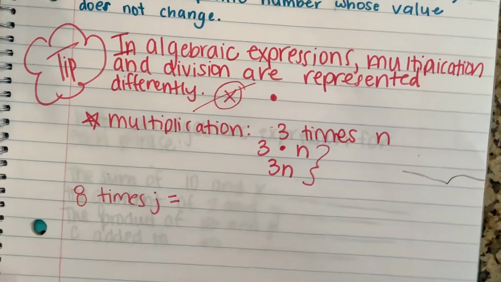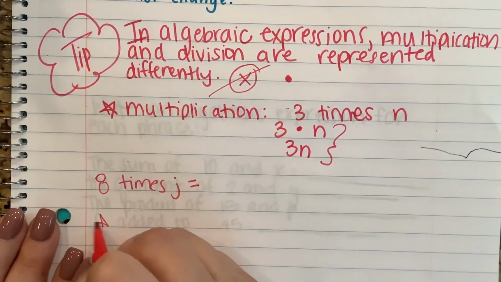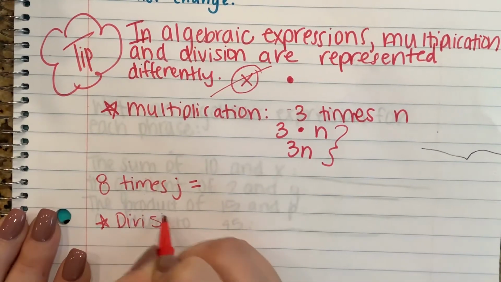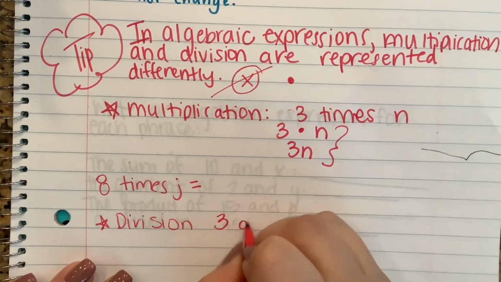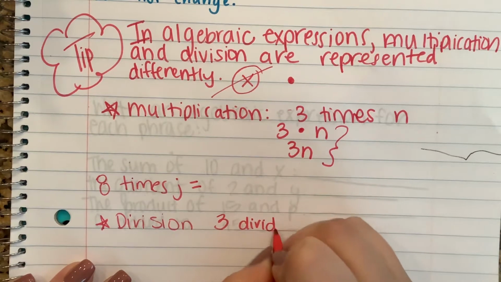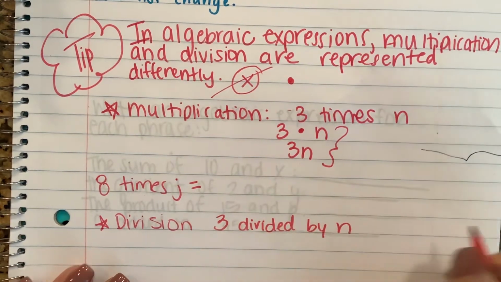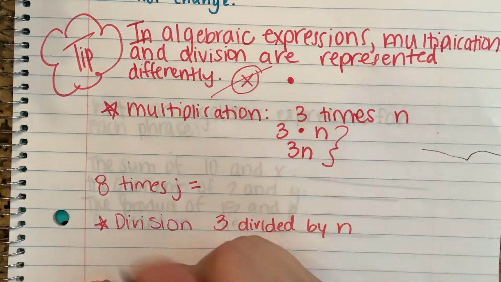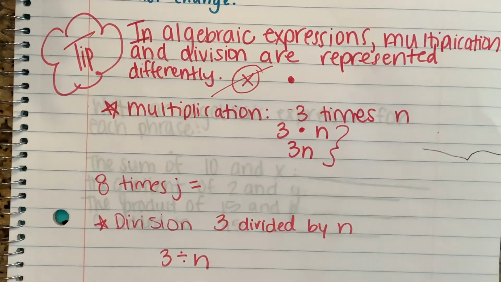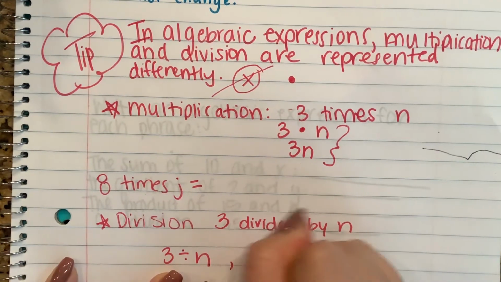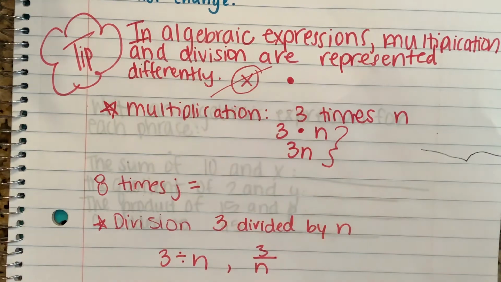Now let's talk about division. So division is a little bit different too. If we were going to do 3 divided by n, this time we could write that 2 ways. We could do normal division symbol, 3 divided by n. Or the more academic way that you'll be seeing this is actually in fraction form, like this, 3 over n.